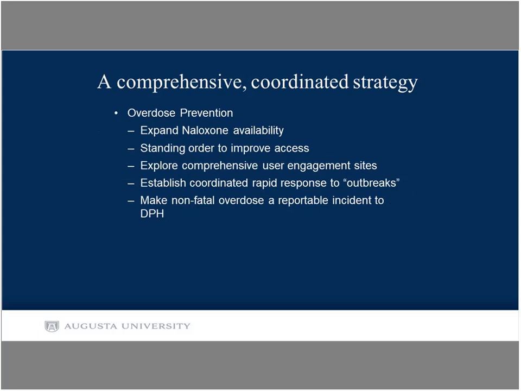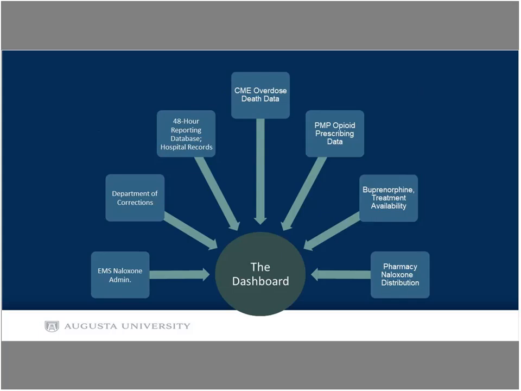Not all states currently have a standing order. Explore the potential use of engagement sites, establish coordinated and rapid response to outbreaks, etc. And so the other piece would be a dashboard where we have all of this information coming in so that we could respond as needed, particularly to high-risk areas.